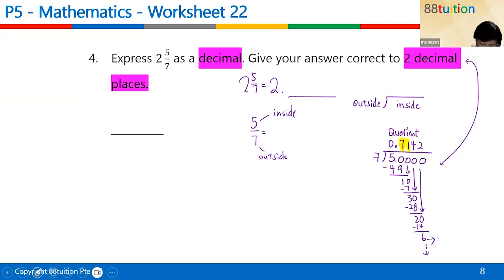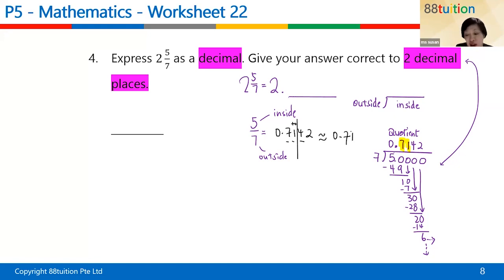Okay, and for those who are with me, we always use this 2 decimal, right? So we are going to do this: 0.7142. Count to 2 dp. 1, 2. Draw a line, underline, plus 0.